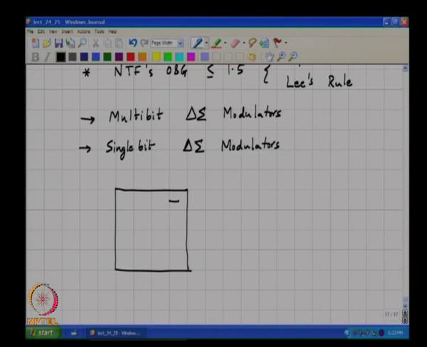So, when you try and build a multi-bit quantizer, when you try and build a multi-bit delta sigma modulator, the loop quantizer is a staircase like transfer curve, okay. But when you try and realize something like this, you know that in practice you will never get the ideal staircase, right. What do you expect?